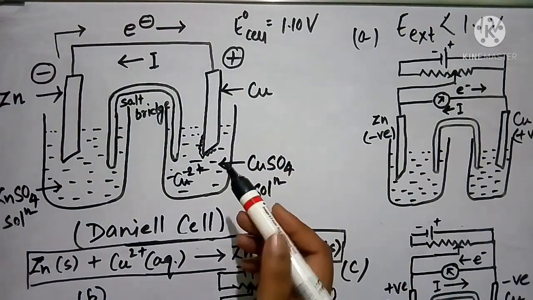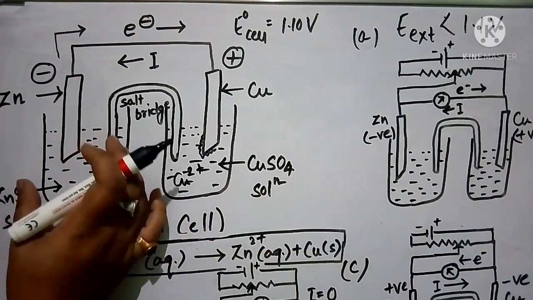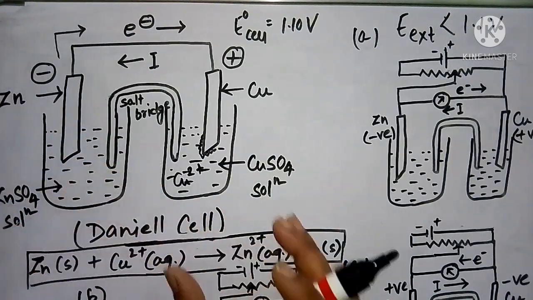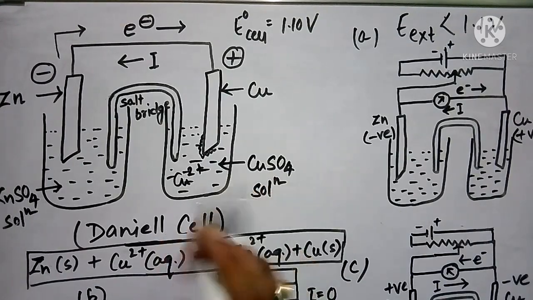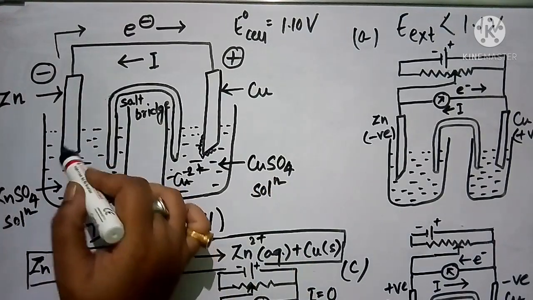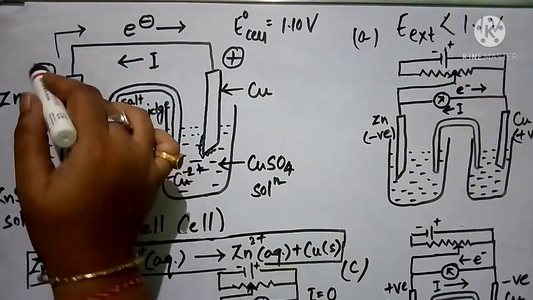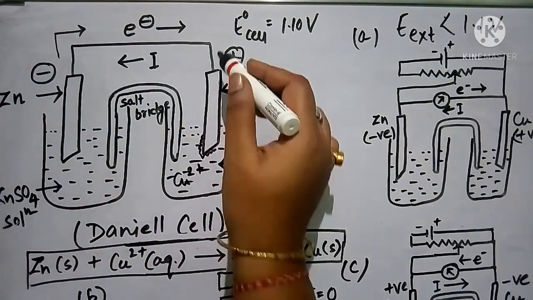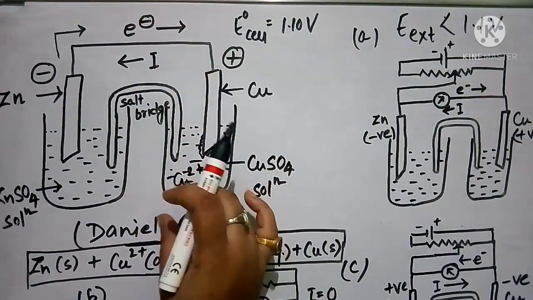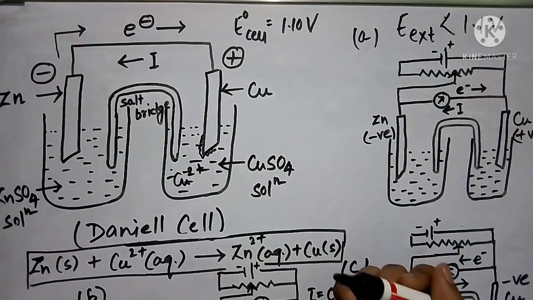If we consider both as half cells or half reactions, here the oxidation is taking place, here the reduction is taking place. As the electrons are going from the zinc electrode towards the copper, the zinc side is negatively charged, and the copper side, where the Cu2+ gains two electrons and gets deposited on the copper electrode, is positively charged.